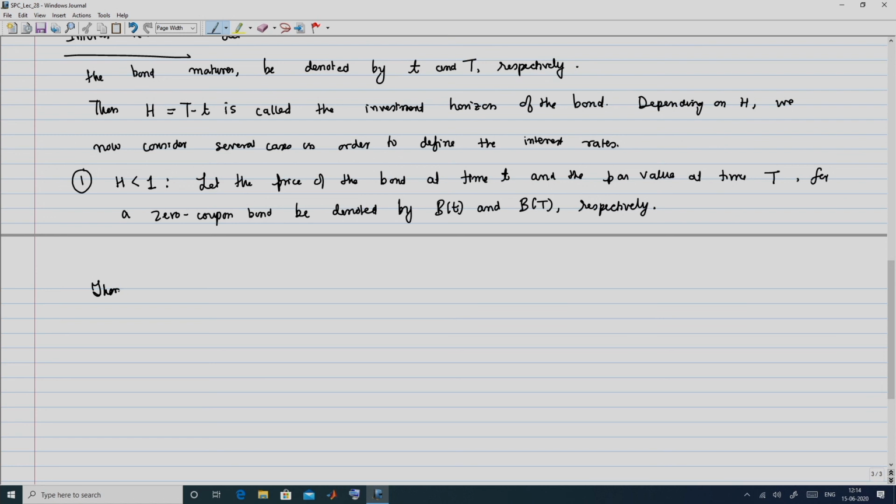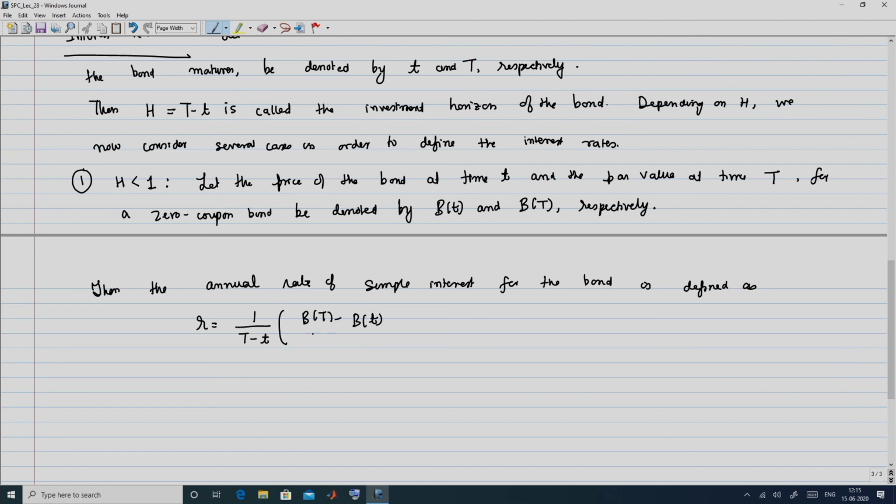Then the annual rate of simple interest for the bond is defined as R is equal to 1 over (capital T minus small t) into (B of capital T minus B of small t) over B of small t.